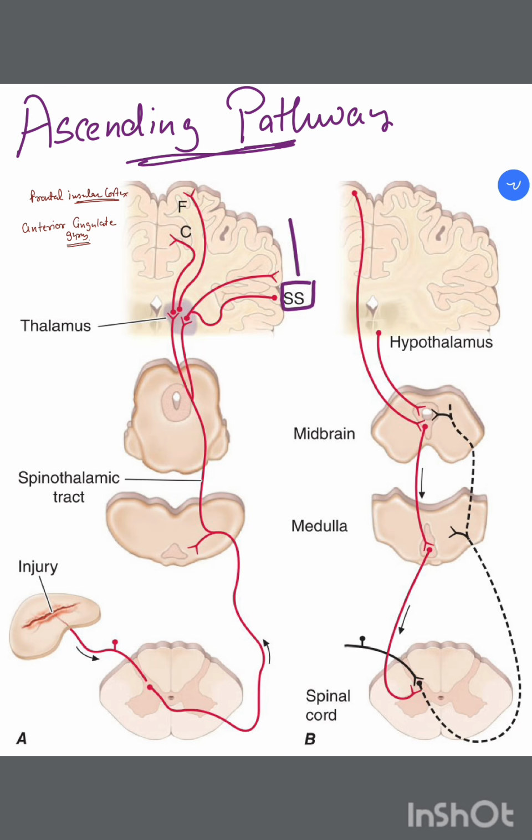Whenever there is pain, the child starts crying, the child shouts aloud. So from the thalamus some fibers go to the anterior cingulate gyrus and also the frontal insular cortex, which are concerned with the emotional part.